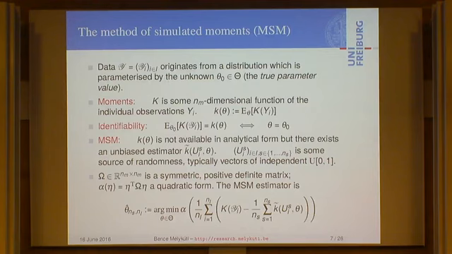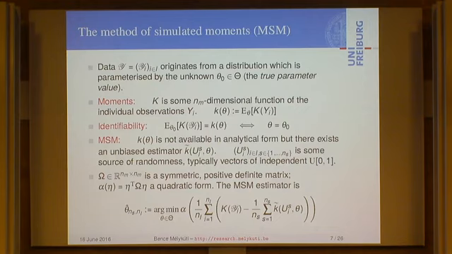It's called identifiability. The reason we're using the method of simulated moments is that the expectation of these moments, or the expectation of this statistic k, is not available in analytical form, but we have an unbiased estimator, so we can simulate it using pseudo-random numbers.